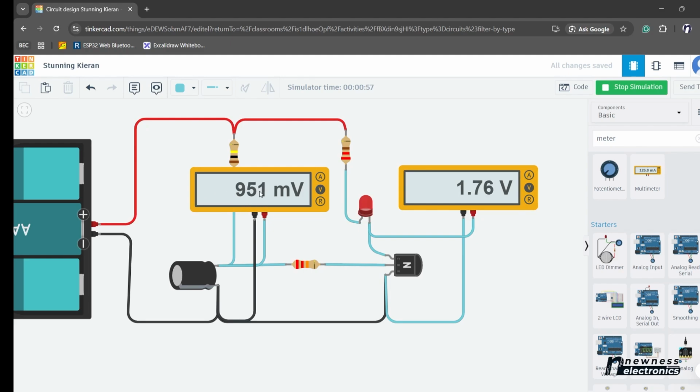So the voltage keeps charging up. At around 1 volt, the transistor is on, but not yet fully on. Because when it is fully on, the voltage at this collector should be less than 1.